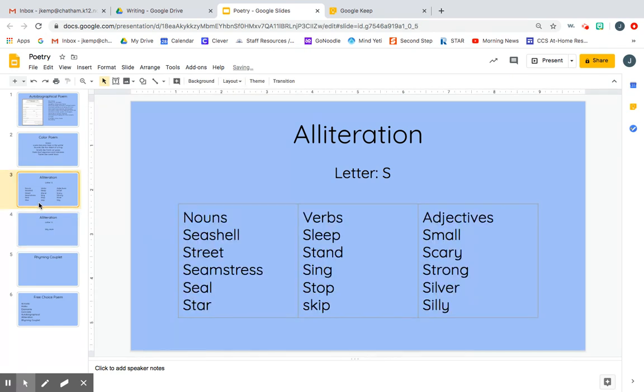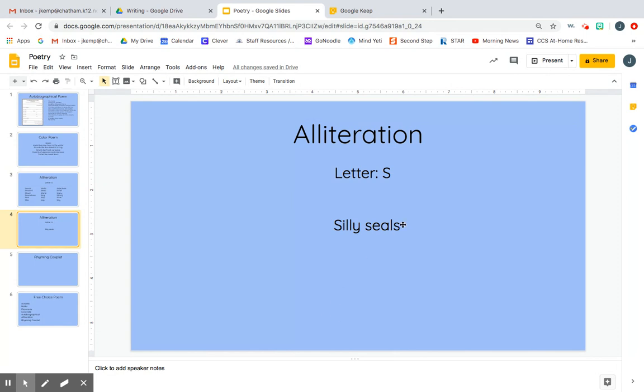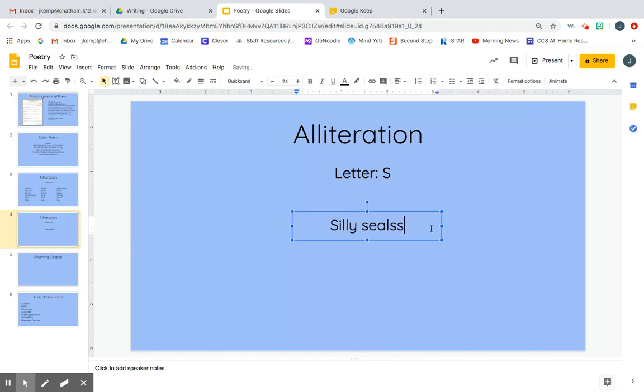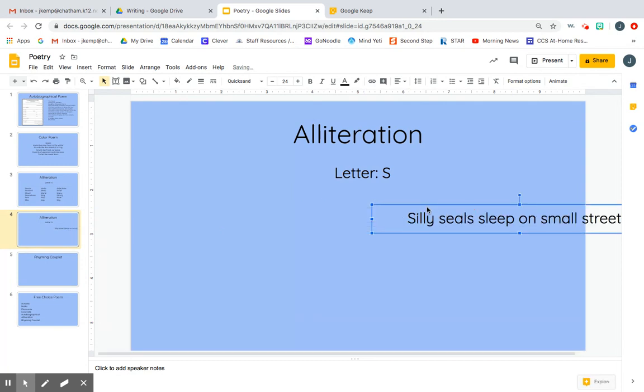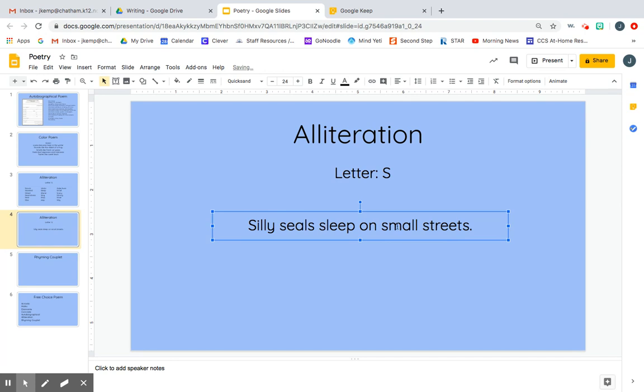Silly seals sleep on small streets. I have a real lot of the S sound in there, right? Silly seals sleep on small streets.